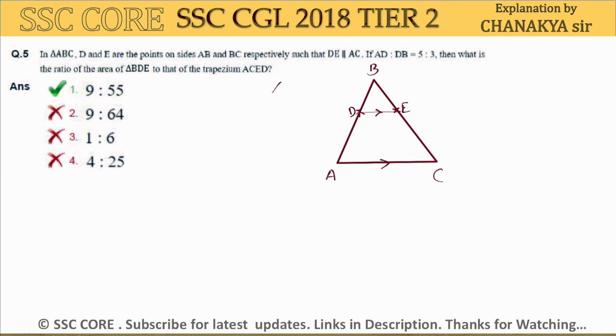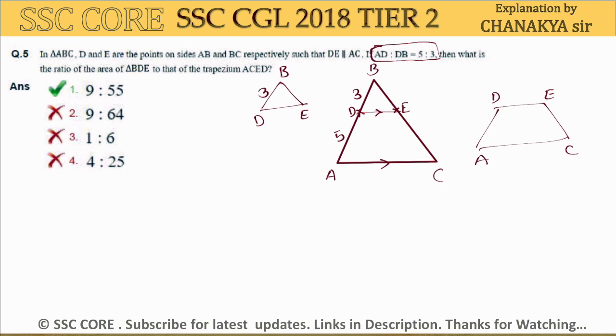So here, two triangles are formed. One is BDE and the other one is BAC. And given AD is to DB is 5 is to 3. So DB is 3 parts. Then what is the area of trapezium ACED? That is asked.